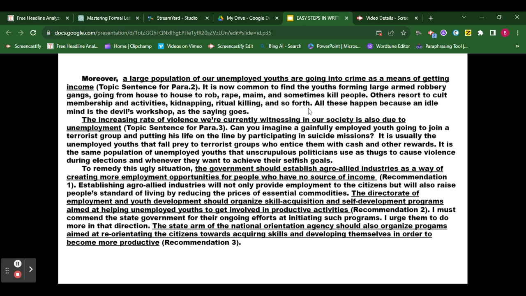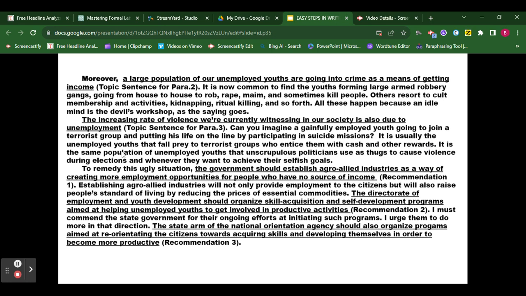Next, the increasing rate of violence we are currently witnessing in our society is also due to unemployment. Can you imagine a gainfully employed youth going to join a terrorist group and putting his life on the line by participating in suicide missions? That is a rhetorical question, just to drive home the message.